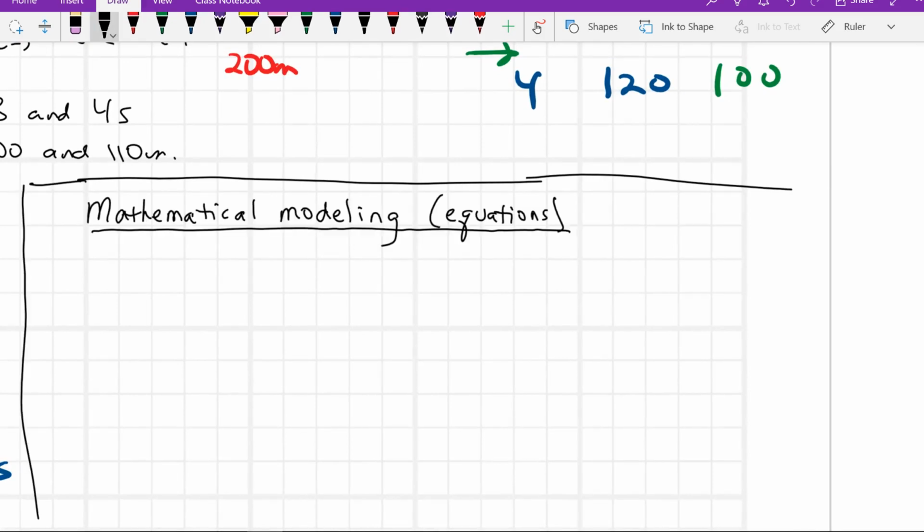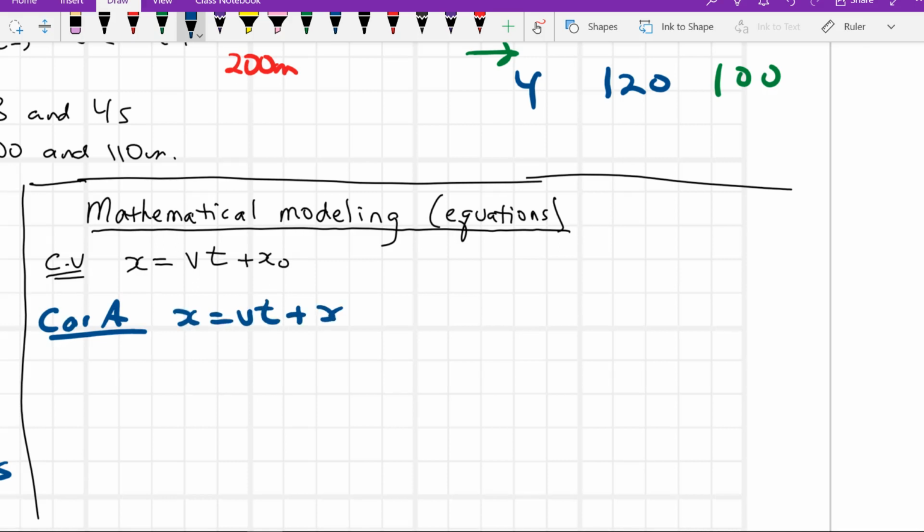So our basic model of constant velocity, our model is that the position, x, is equal to the velocity times time plus its starting position, or x0, its position at time 0. So what I can do is do for the two cars. So I've got car A. If I just go x equals vt plus x0.